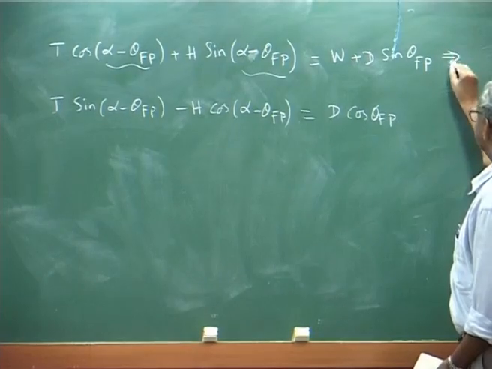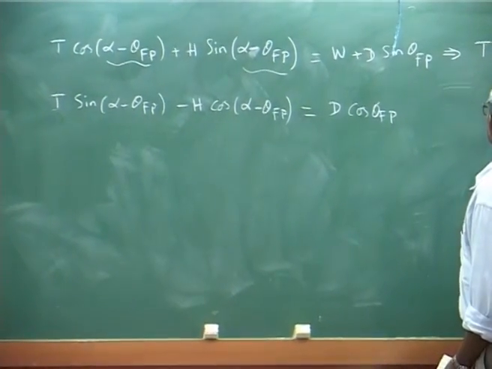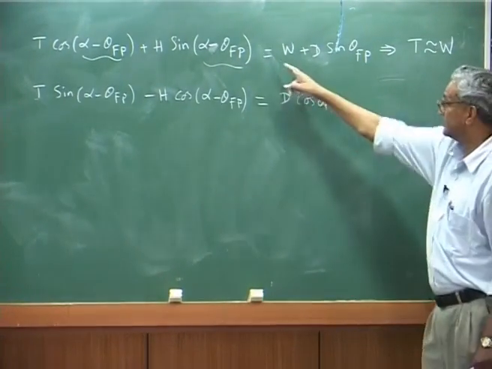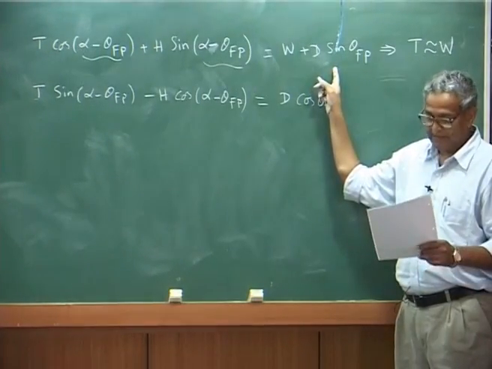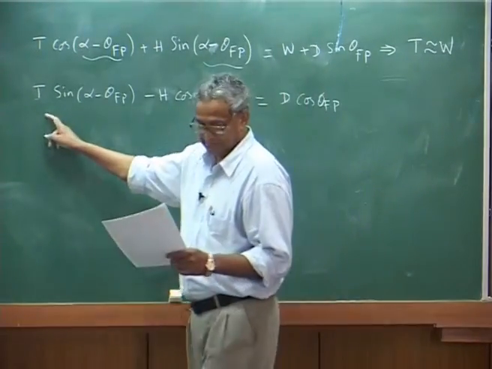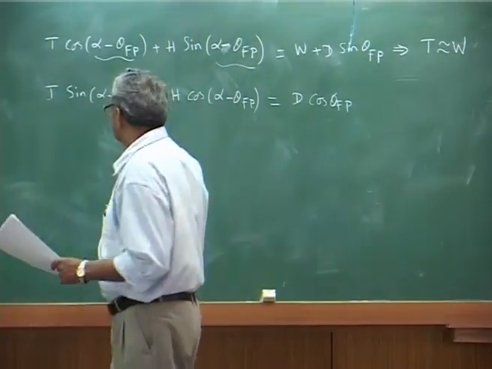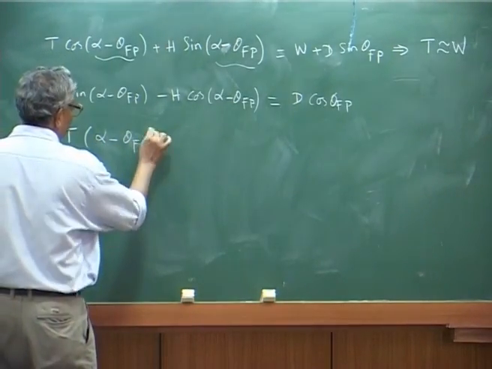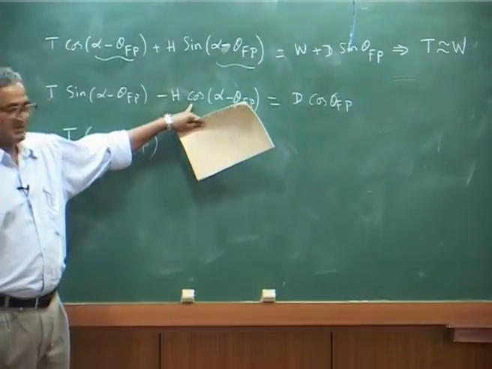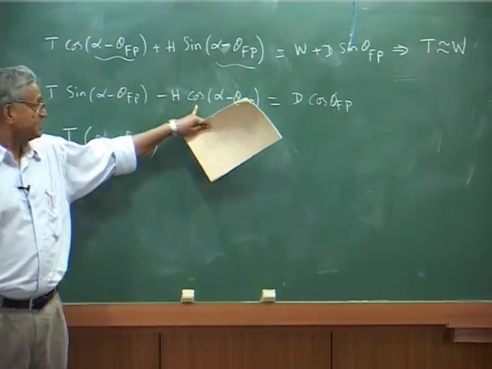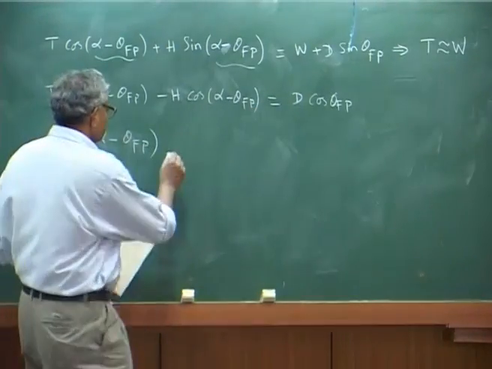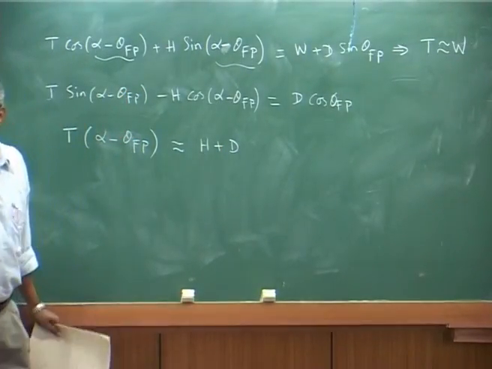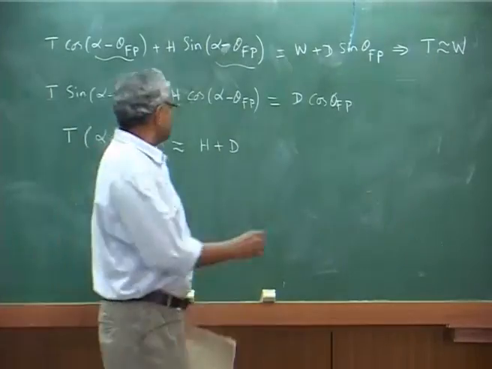So, I am writing here T is approximately W from this equation. Now, from this equation, T into alpha minus theta f p, with the cosine terms approximated as one since these angles are small, equals H plus D. I am just taking H to that side.